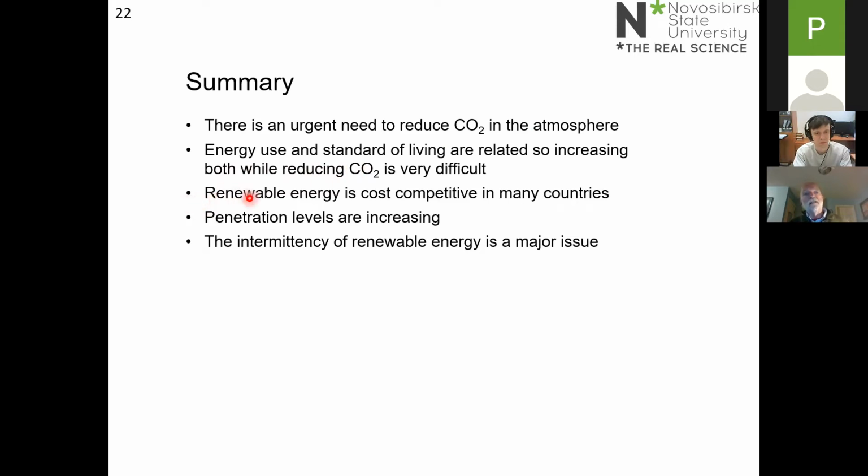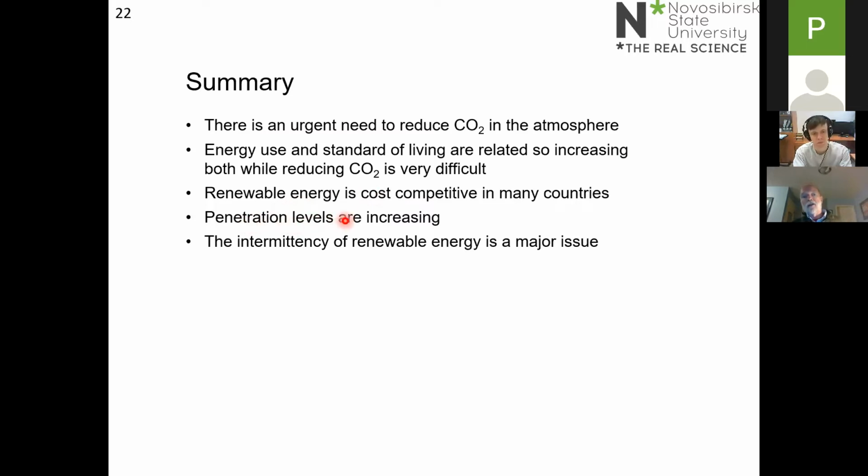I've emphasised that renewable energy is cost competitive in many countries. As I said, for example, in Western Europe, it is now and has been for several years the cheapest way to generate electricity. The penetration levels of renewable energy are increasing.